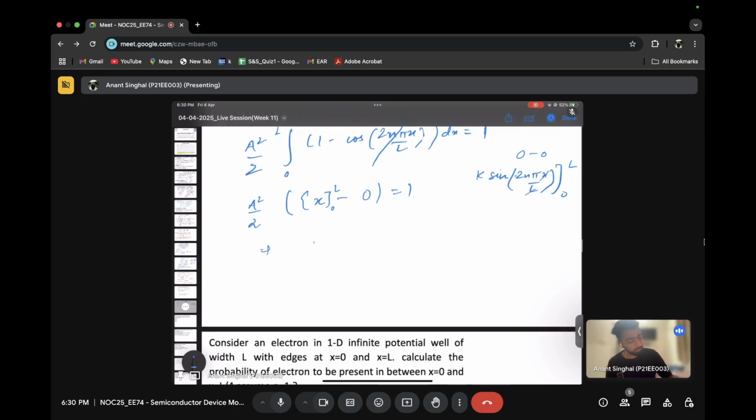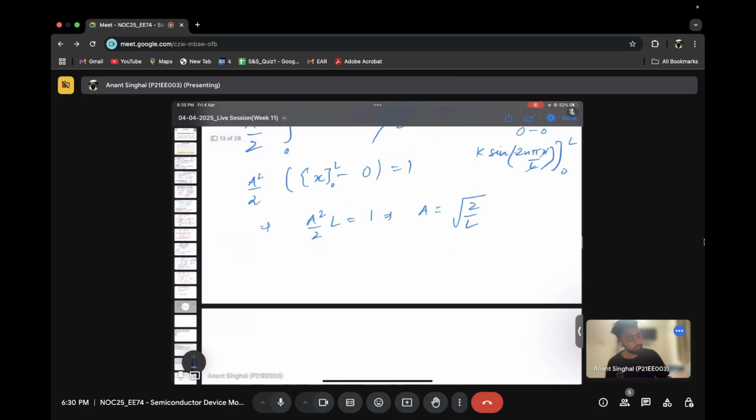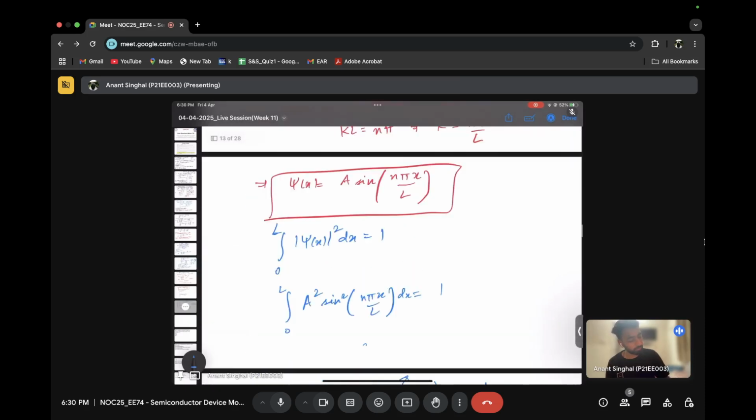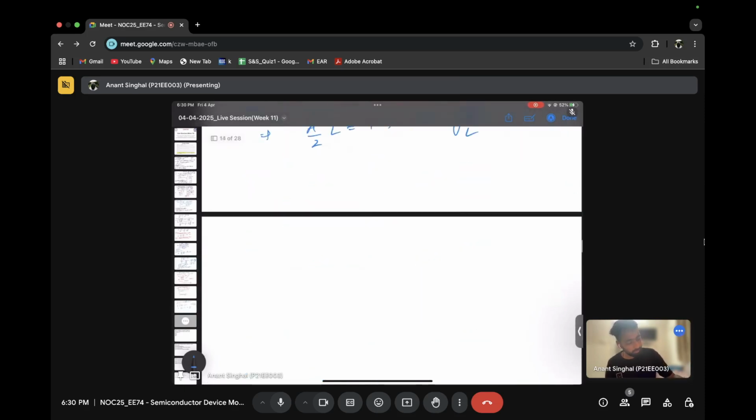So what I can write is a square by 2 times L is equal to 1. That makes a equal to under root 2 by L. Any doubts in this? So the final wave function looks like root 2 by L sin n pi x by L.